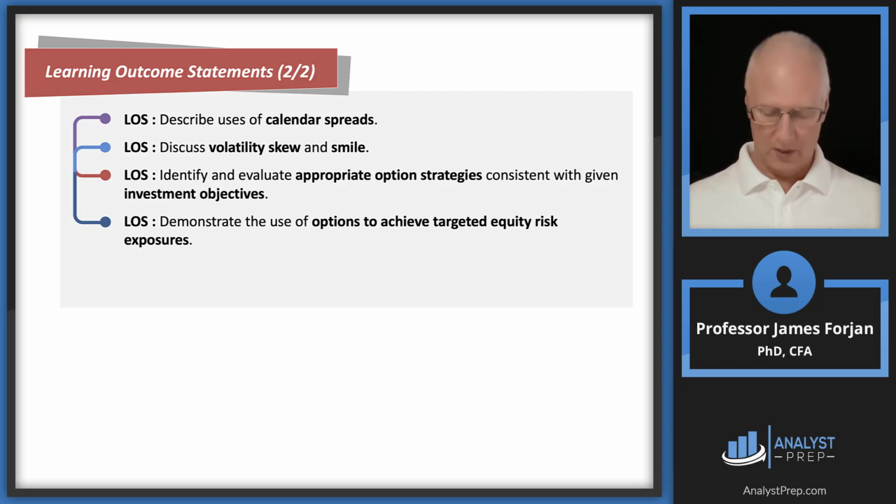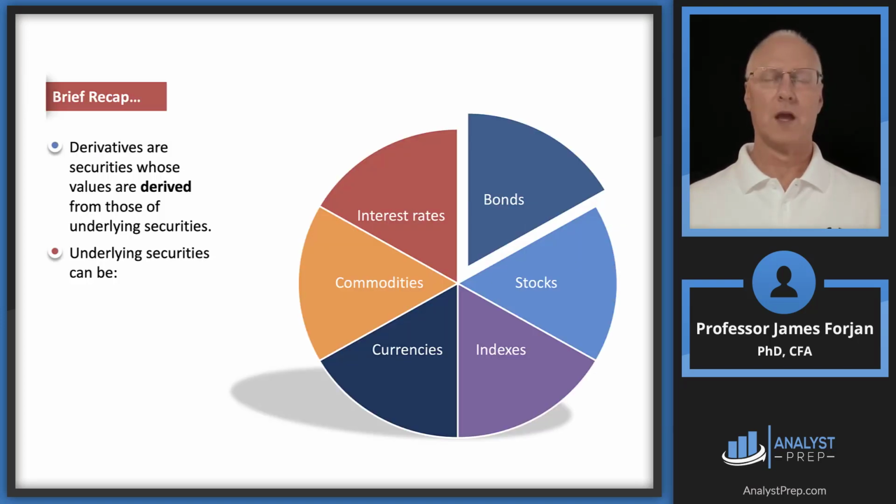But remember what we learned back in level 1. We learned pretty much that there are derivative securities out there. We defined them as some security whose value is derived from the value of some other asset. So there's a good pie chart with all of the different types of underlying assets.